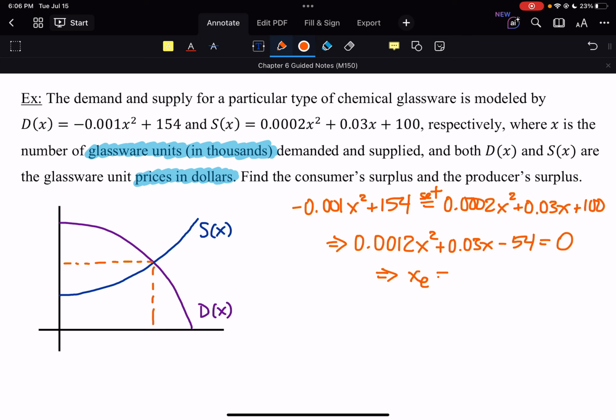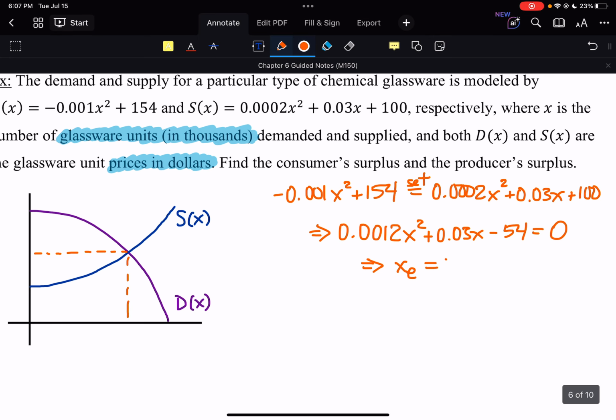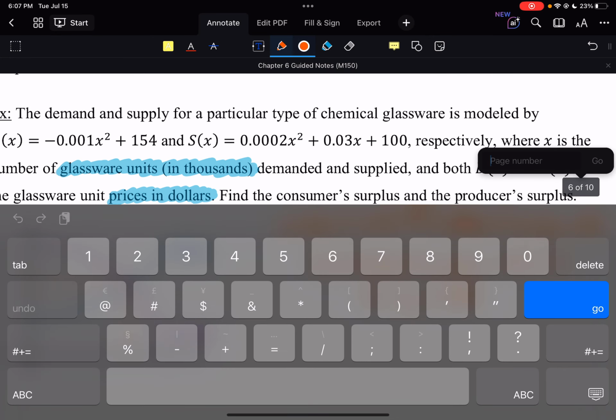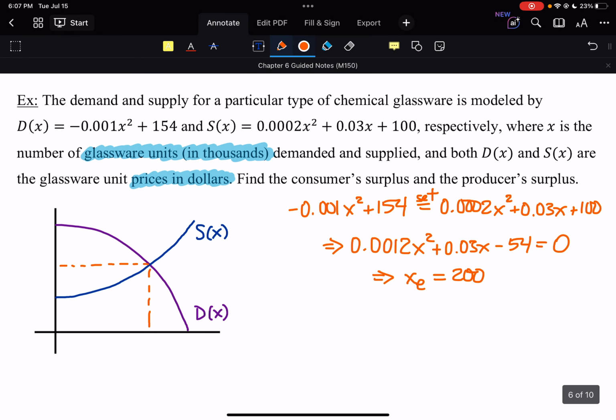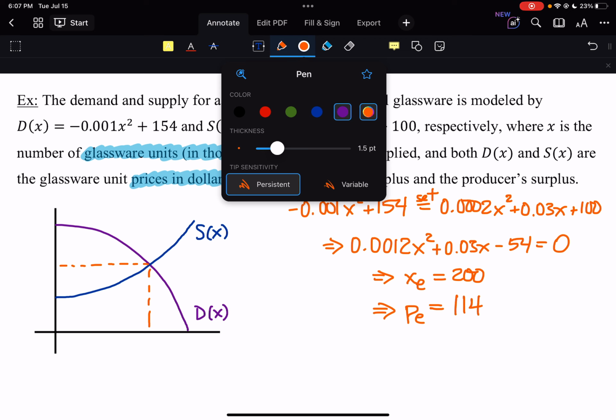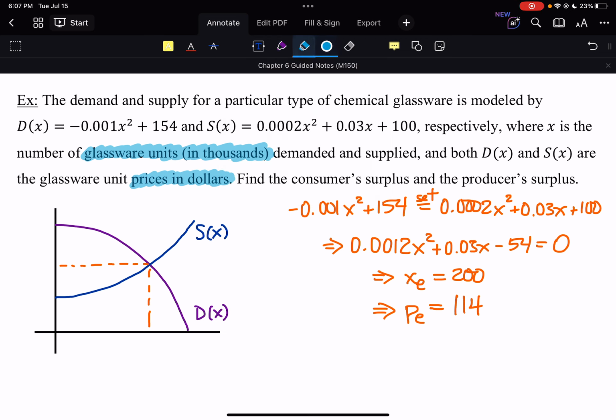We end up getting an equilibrium quantity of 200, and we plug that back into either of them to get the equilibrium price, which is going to be 114. And if you want to check my algebra on that, by all means, go ahead.